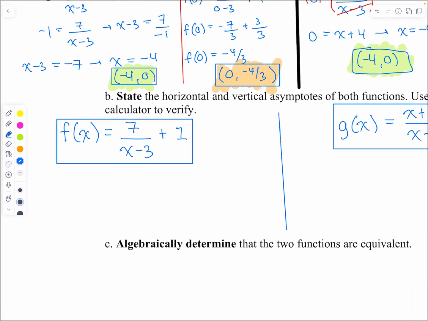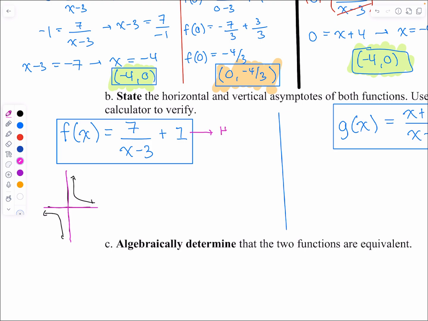Well, what we've developed in some of the previous questions is, if you take a look at the base function 1 over x, it looks like that, and it has its asymptotes here and here. If we are going 1 unit up, that means we're taking our horizontal asymptote and shifting it 1 unit up.